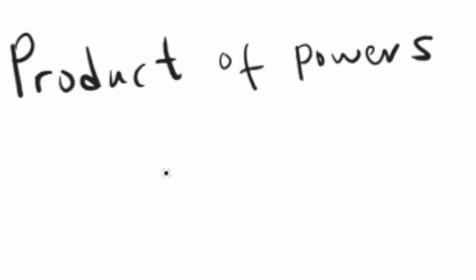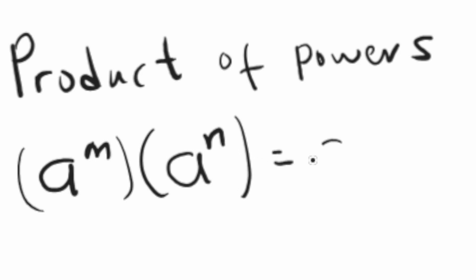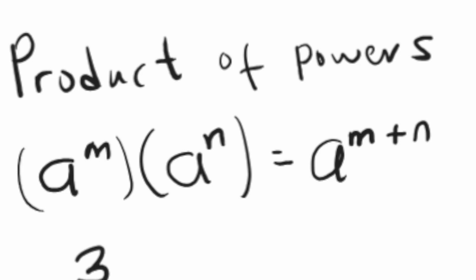Product of powers says that A exponent M times A exponent N is equal to A exponent M plus N. A exponent M plus N.